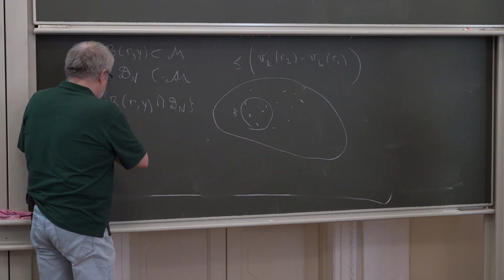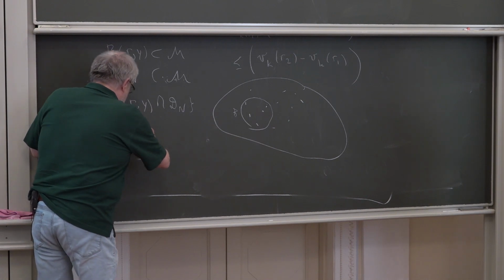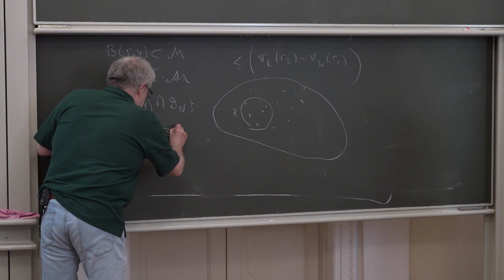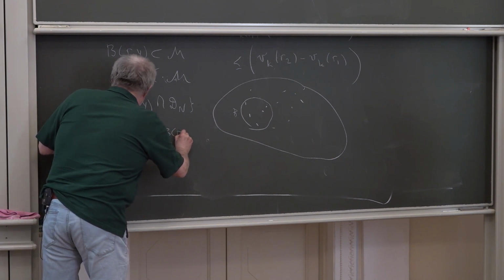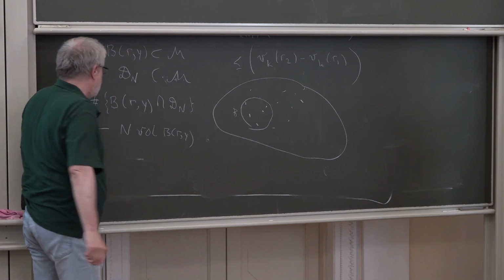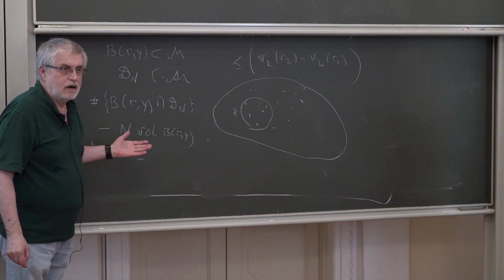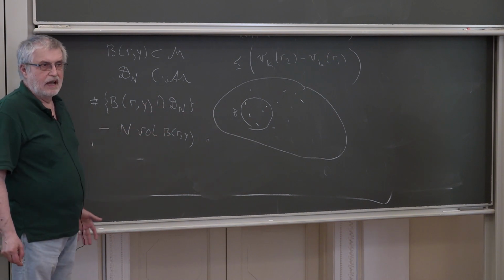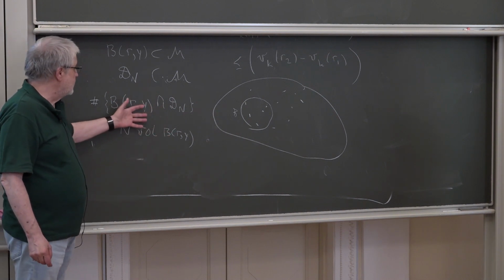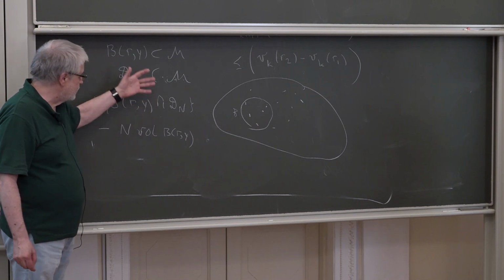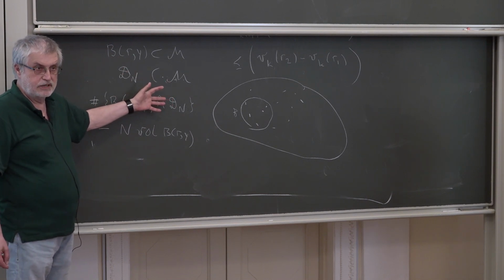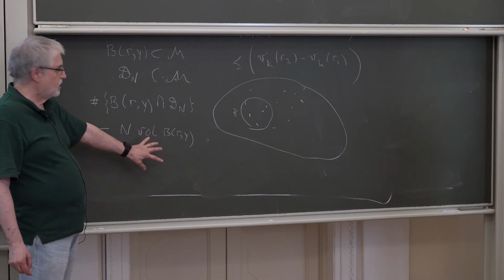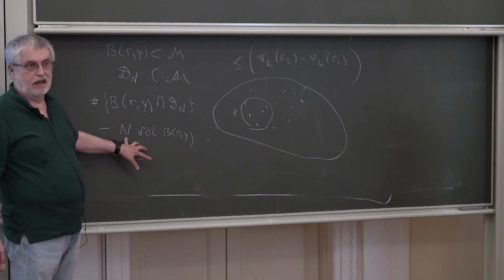Now we consider minus n times the volume of B(R, y), and compare this one and this one. A point set, by definition, is uniformly distributed if this quantity is small with respect to n.